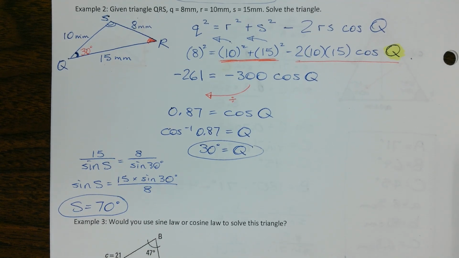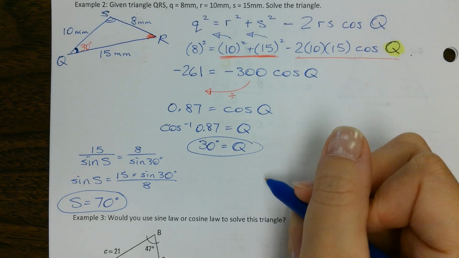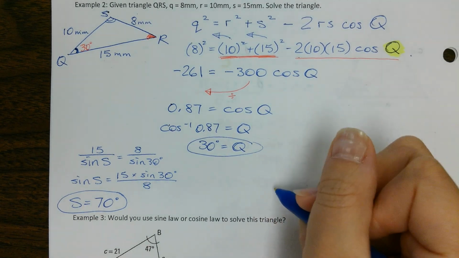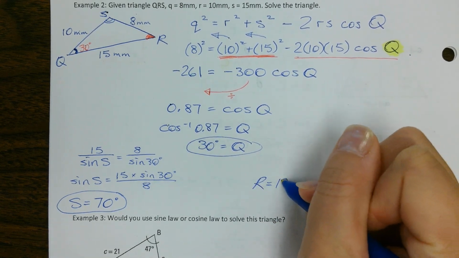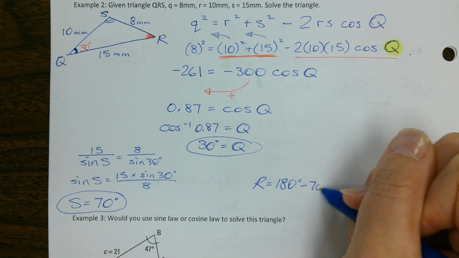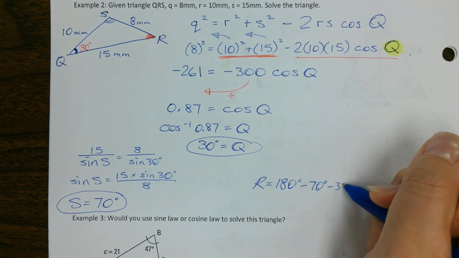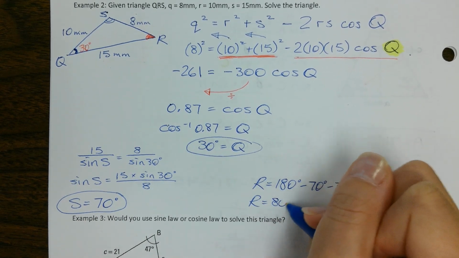You could, but obviously we want to save time, the precious test time, and just do the simplest method, which is 180 take away angle S, take away angle Q, and R equals 80 degrees.